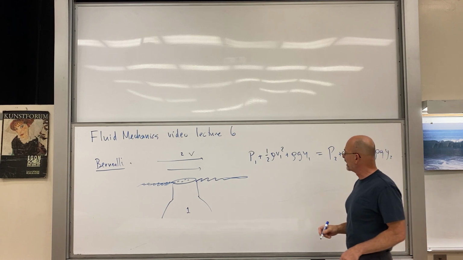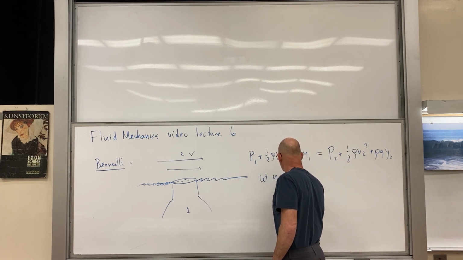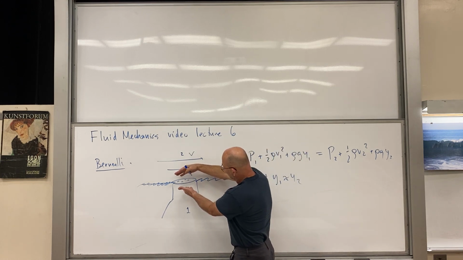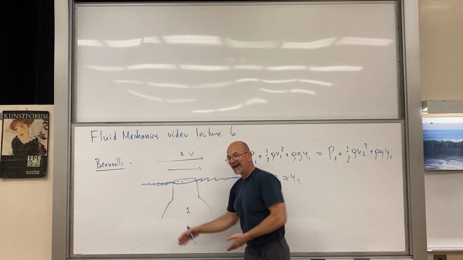So that's Bernoulli's equation. And let's let y sub 1 be approximately equal to y sub 2, because we're just taking the immediately above and immediately below range.